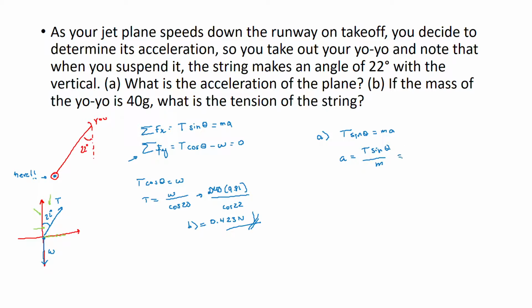And we just found the tension, 0.423 times sine of 22 over 0.04, and that is 3.96 meters per second squared. Okay, so this is our result. Don't forget the units. And that's all.